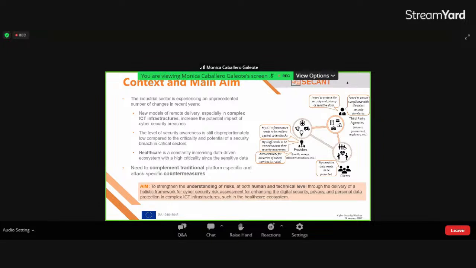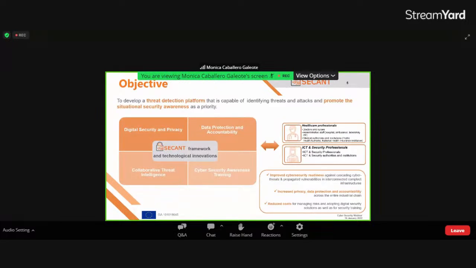The human factor is by default what we consider the weakest link, because it requires intensive cybersecurity education. On the technical side, the risk needs to be understood and codified in ways that it can be monitored and prevented. So SECAN will deliver a framework for cybersecurity risk assessment, enhancing digital security, privacy, and personal data protection in complex ICT infrastructures in healthcare.